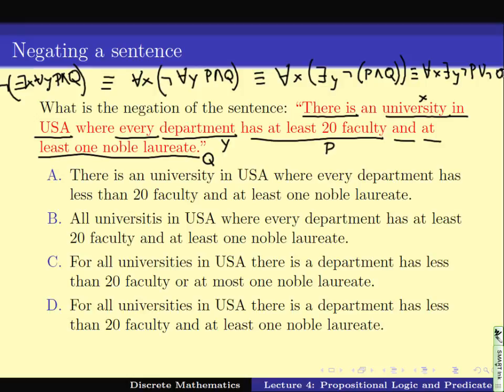So if I have to negate it, it should be for all universities in USA, there exists a department such that the opposite of at least 20, meaning either it has less than 20 faculty or it does not have a Nobel laureate.